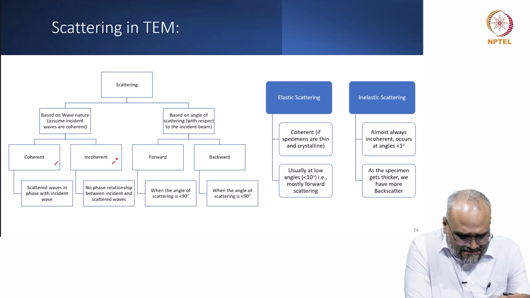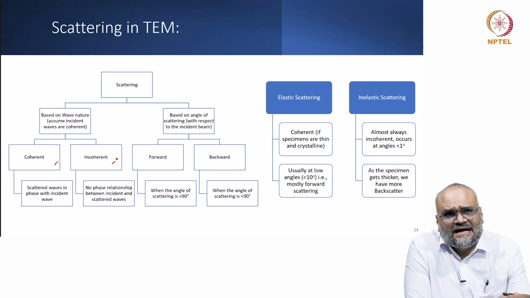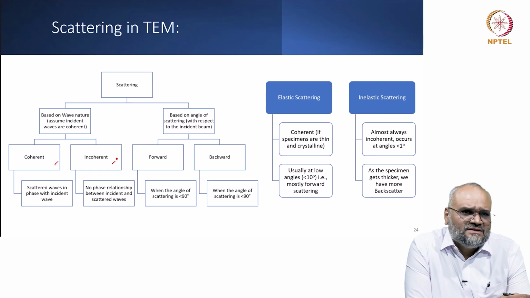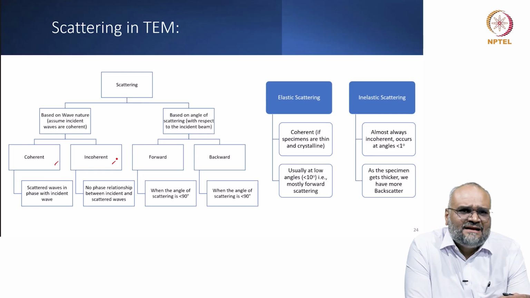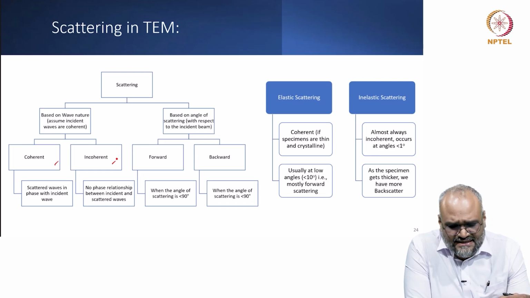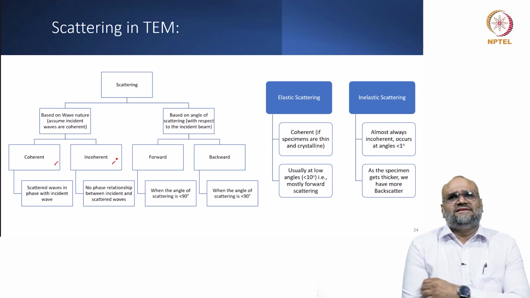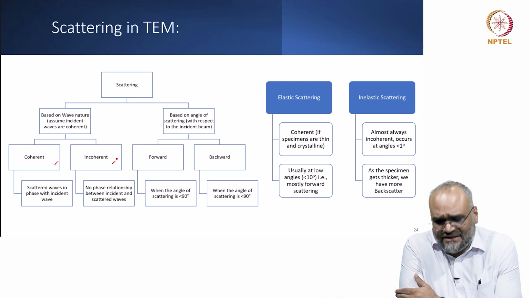And based on the angle of scattering, you are either looking at the forward scattered or the backward scattered electrons, and 95% or maybe 97% or even higher of the signal that you obtain in a TEM is forward scattered electrons, and based on this most of our imaging theory is built.